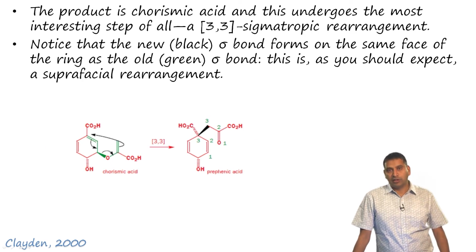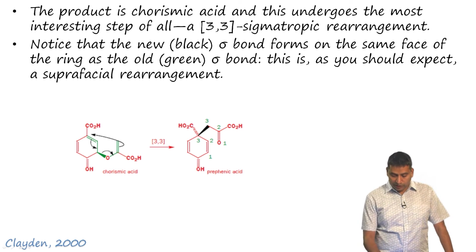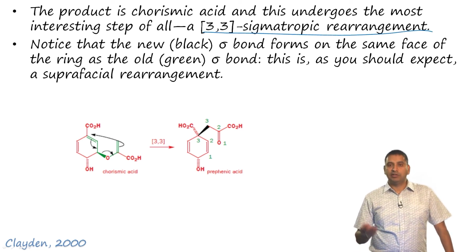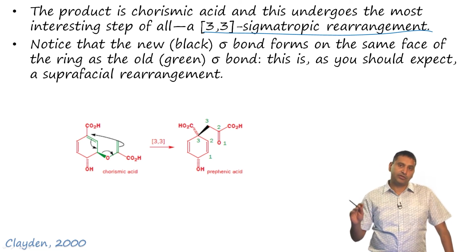The product here is chorismic acid, and this undergoes the most interesting step of all, which is basically a 3,3 sigmatropic rearrangement. This 3,3 sigmatropic rearrangement is something that some of you may have been exposed to in your prior classes, and sigmatropic rearrangements are basically neutral reactions which occur in a concerted manner.